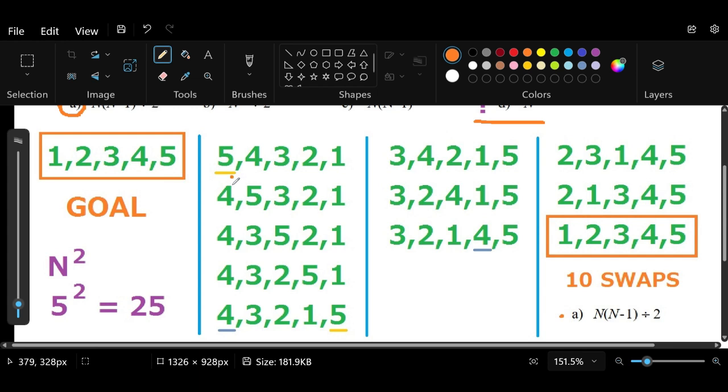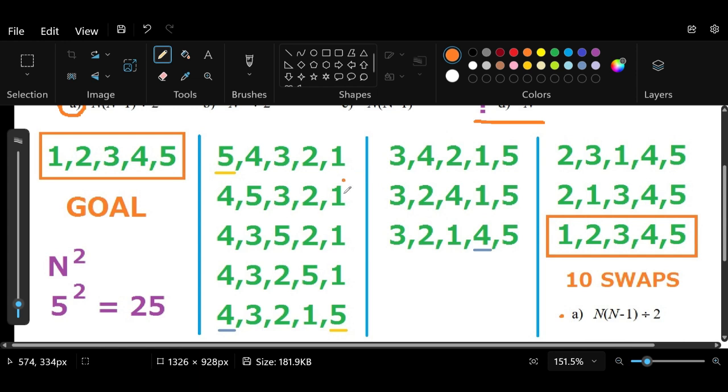Now, to do that, we should remember what a bubble sort is supposed to do. If we need them to be in this sequence 1, 2, 3, 4, 5, then we need to choose from the leftmost to the right the lowest number.